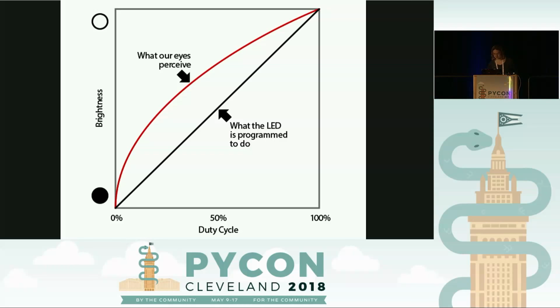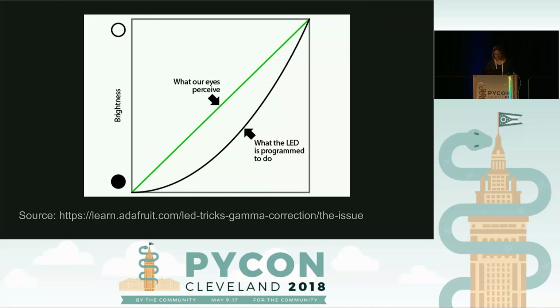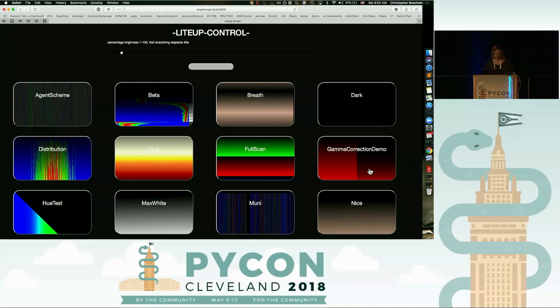So what I like to do is something called gamma correction, that I learned on the Adafruit website. You do an inverse log correction to the LED so that it brightens more slowly than you actually ask it to, and the result is your eye sees it correctly. I actually have a demo of that. The top part will be just a regular for loop, slowly increasing brightness.